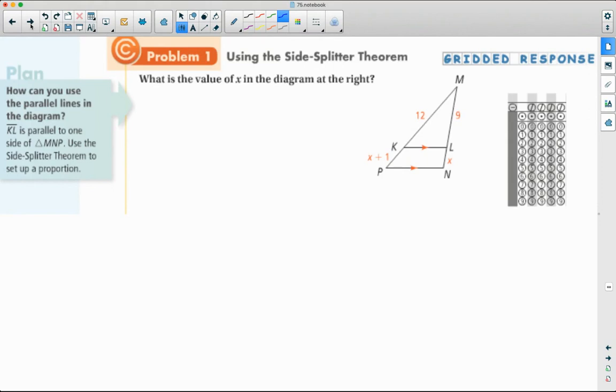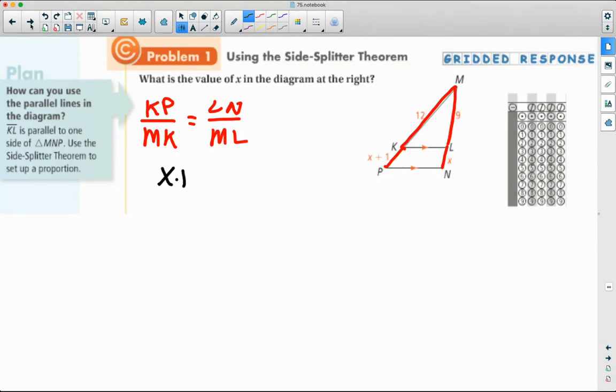Okay, so let's take a look and set up the side splitter theorem. So if I split the sides proportionally, I'm going to have KP over MK is equal to LN over ML. So now if I substitute in those values, I'll have x plus 1 over 12 is equal to x over 9.